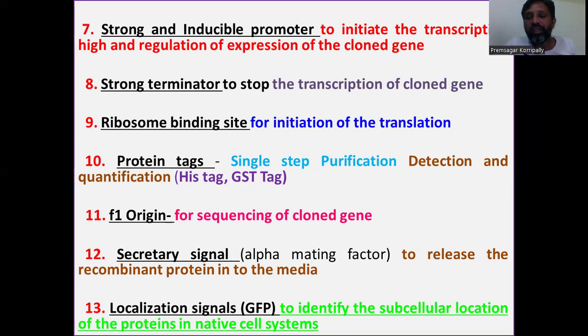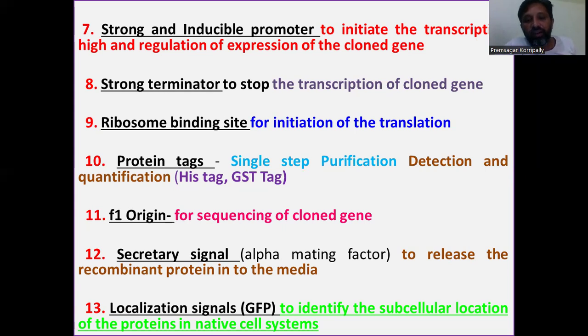It may be the mitochondria, the nucleus, the Golgi complex, or the plasma membrane. So to locate your gene of interest or its product, you add this GFP protein at the C terminal, and then you will know that particular protein's location in the native system.